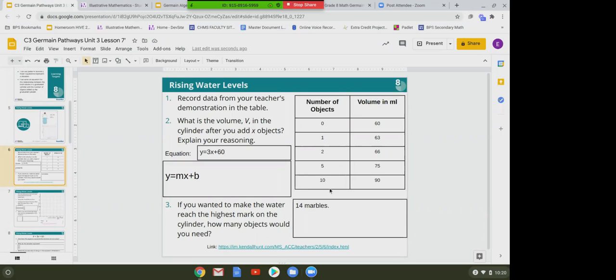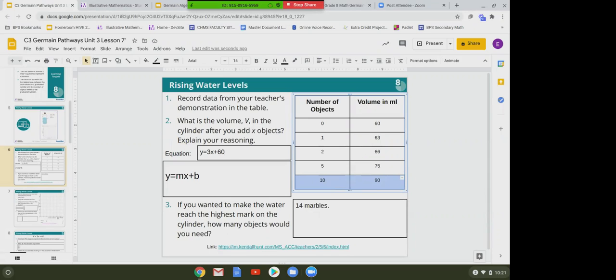What might be an easy one to plot here? Yes, Ethan. Diego, I'll show you how to do it in a second. So we plotted the 0, 60. Yes, Avery. Another really easy one to plot might be this 10, 90. So that means I need to go over to 10 and up to 90 and plot a point.